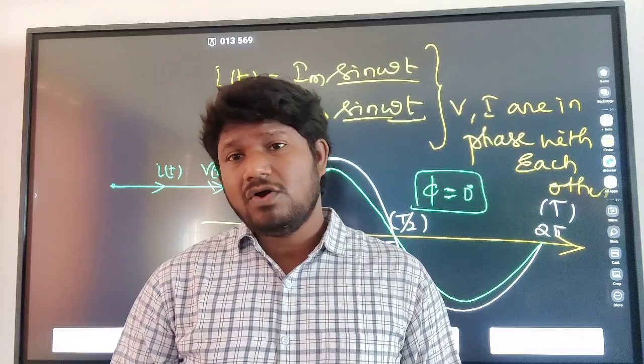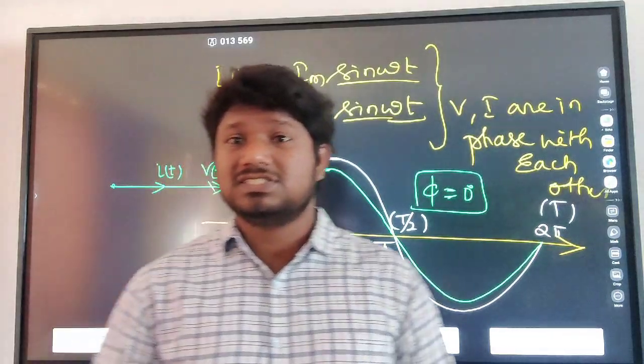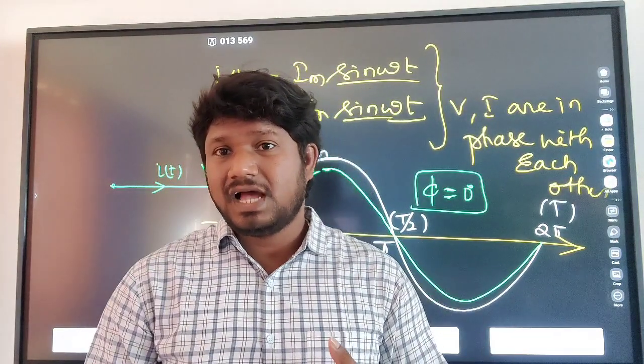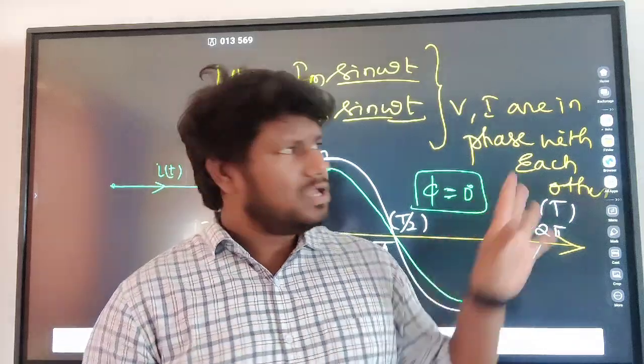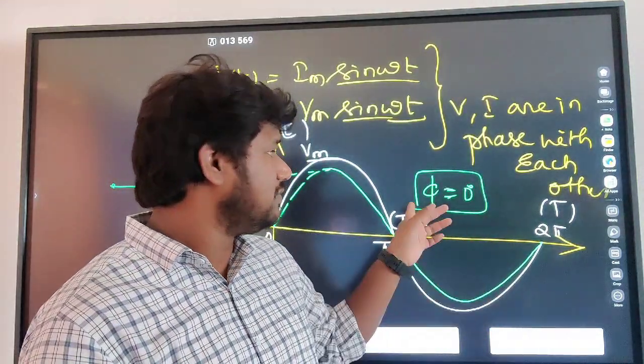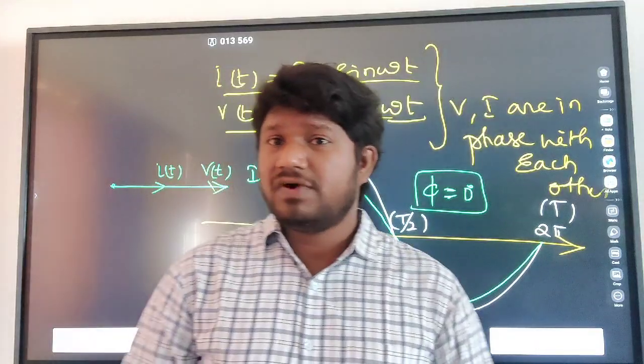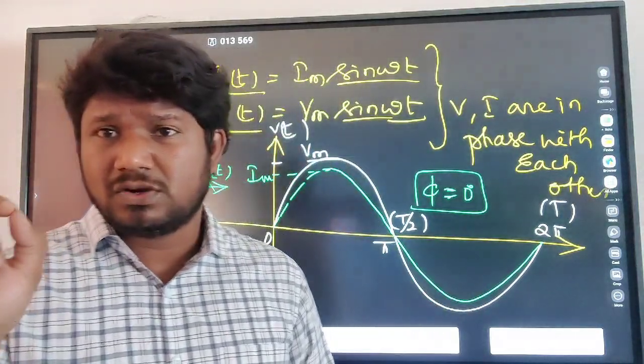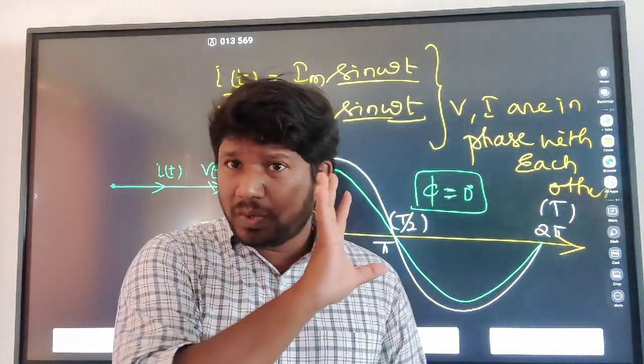Okay. Now we are going to analyze the AC circuit with inductance and capacitance. In competitive exams, they are going to ask only one thing: what is the phase difference between voltage and current for a pure resistive circuit? In a pure resistive circuit, there is no internal drop.